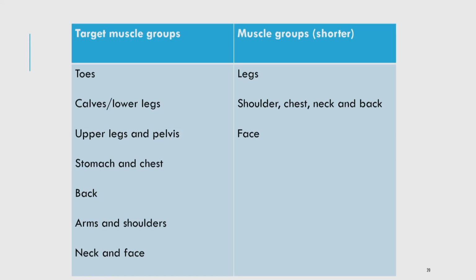This is the way we can identify different muscle groups. There are shorter ways of doing it: you can just do legs together, shoulder, chest, neck, back together, face together. That can be done, but in the beginning it is better to identify more muscle groups and target them one by one to get a more effective outcome from the exercise.